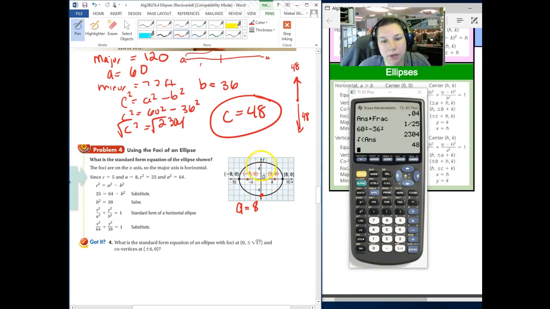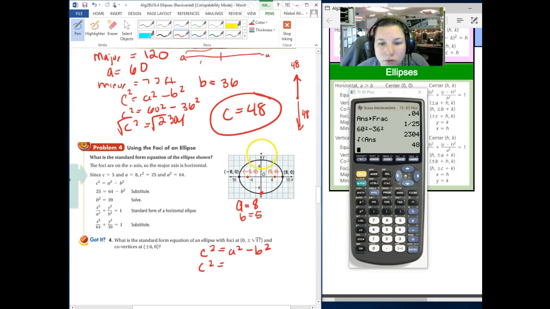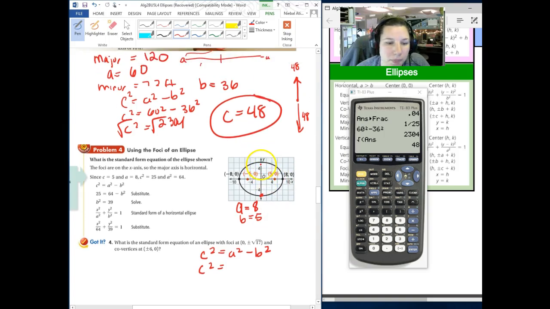They're not labeled, but it looks like it's at 5. And c squared equals a squared minus b squared again. Oh, this is not 5. They have 2, 4, 6, 8, 2, 4.